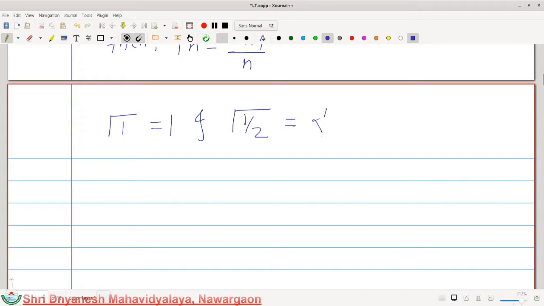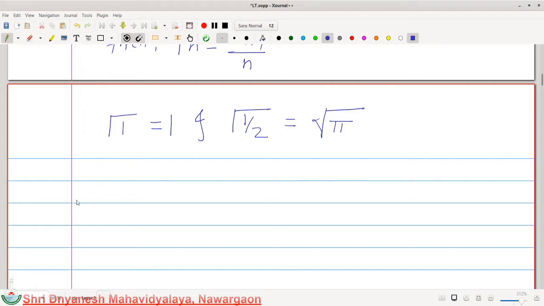It is under root of pi. All these formulas will be required to find the Laplace transform of t to the power n when n is not a non-negative integer.